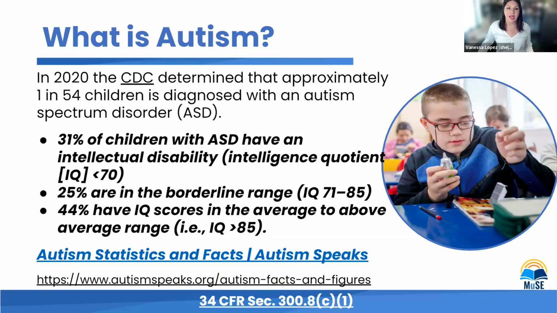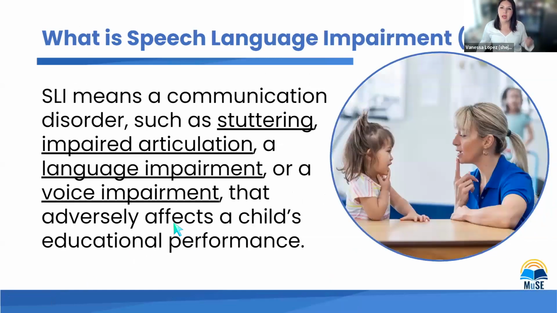So 31%, 25% of these students are in the borderline range, with 44% having IQ scores in the average to above average range. So critical points to keep in mind, because not all students with an autism diagnosis have a secondary diagnosis related to intellectual disability.